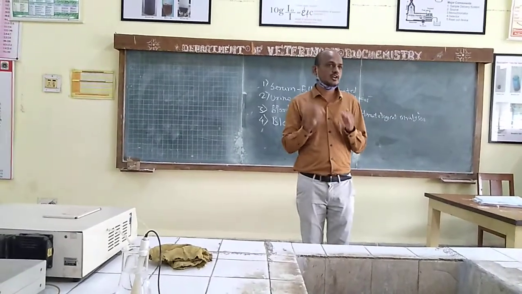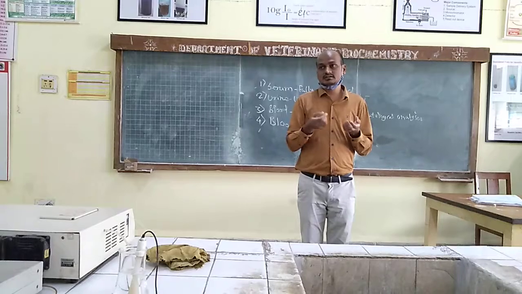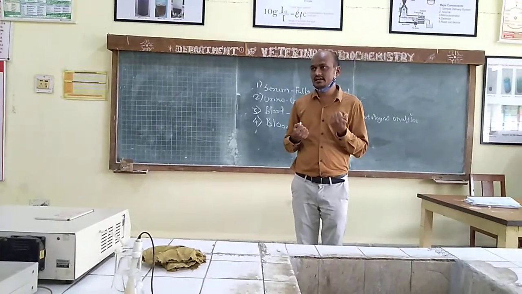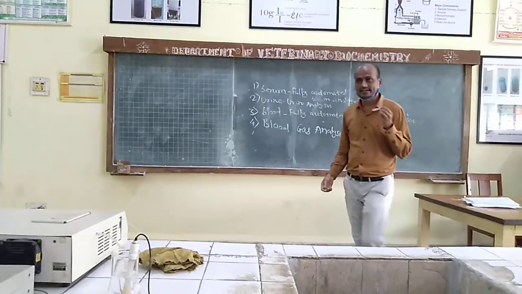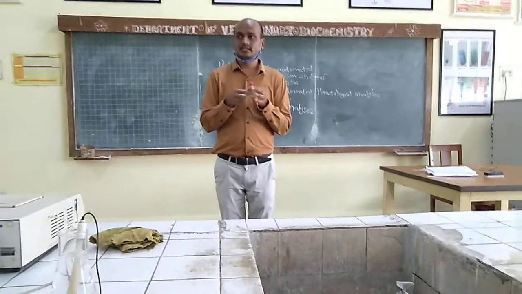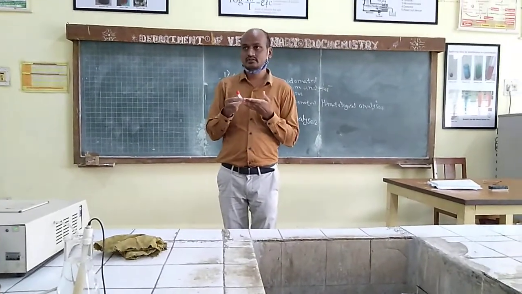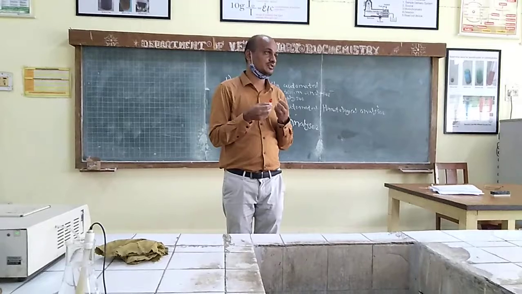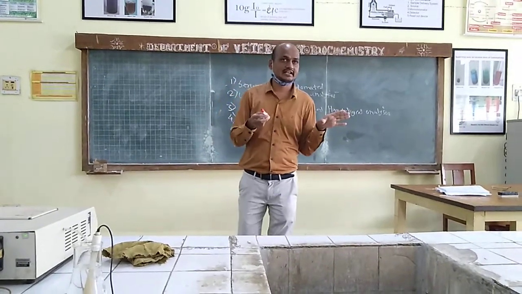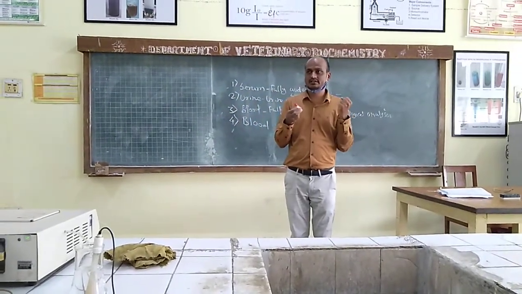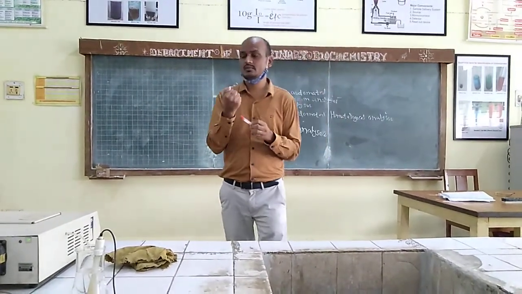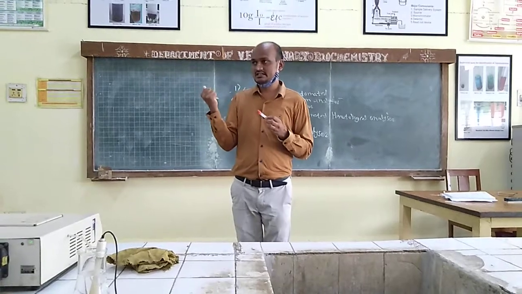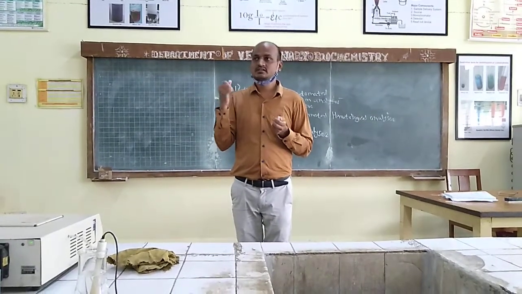For the serum sample, we take a serum clot activator tube. For example, this is a clot activator tube. We have collected the blood sample here, and it has a coagulation factor. Coagulation factor means a coagulation cascade reaction happens, so all the blood will coagulate, the RBCs will clot together, and the serum will ooze out. With the help of a pipette, we have to separate that serum sample and keep it in a test tube.